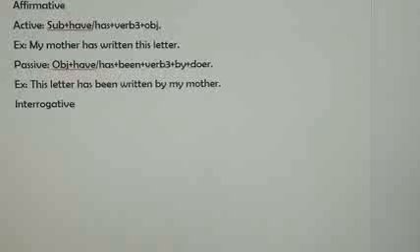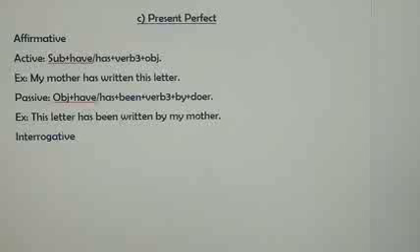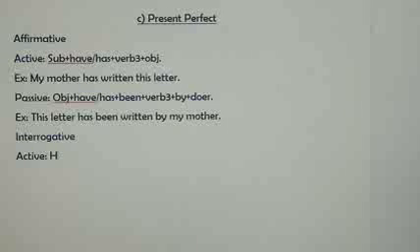In this group, let me write the structure for active voice. As you already know, whenever we are writing any interrogative sentence, the auxiliary verb will always come before the subject. So first of all I need to write have or has.